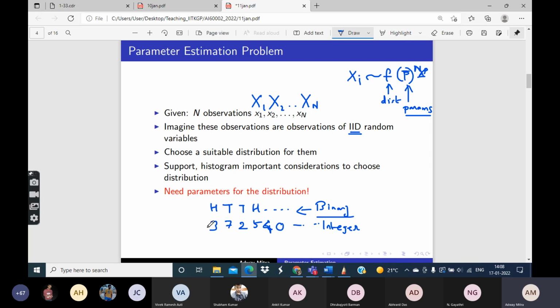If our observations are something like H, F, A, F, H, etc., then we understand that these are some discrete values. And finally, it may also happen that the observations we have got are something like minus 3.3, 7.2, minus 0.5, 16.3, etc. So these are real numbers.